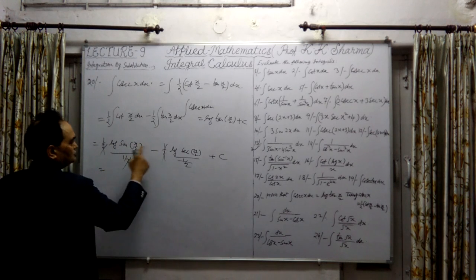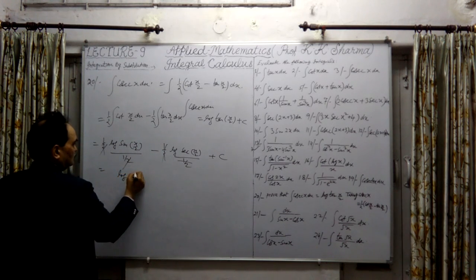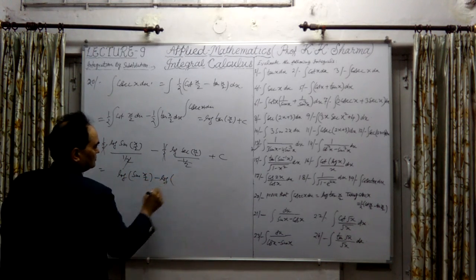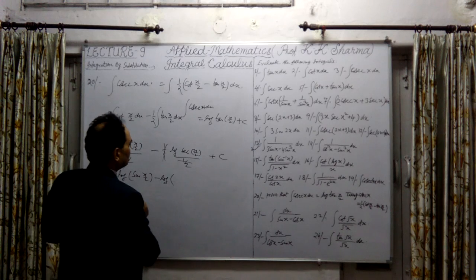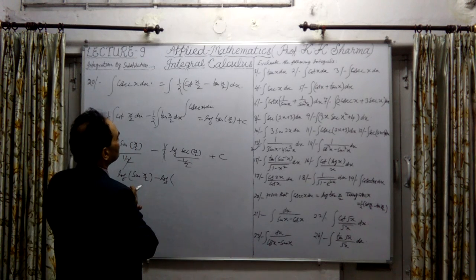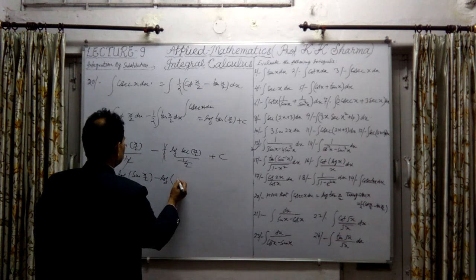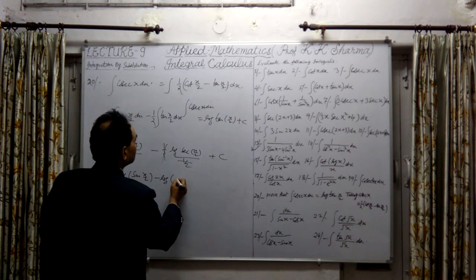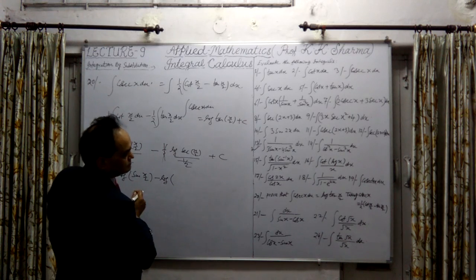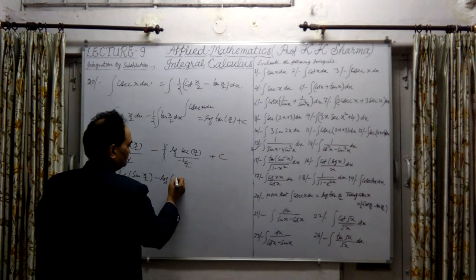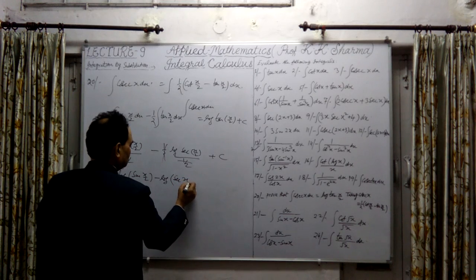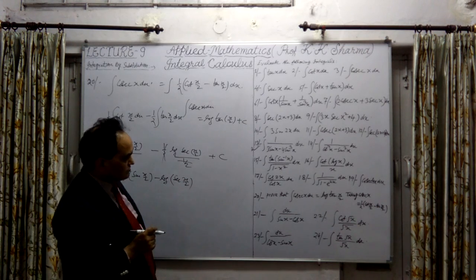Now let me solve these two. This is log of sin x by 2 minus, okay, minus log secant x by 2. Minus sign is there. Log secant x by 2, it must be a plus sign. Why is it not a plus sign?